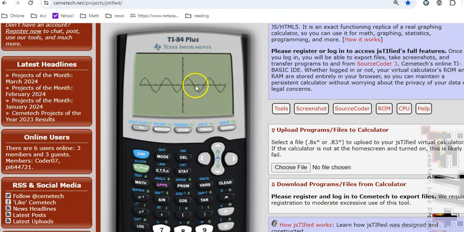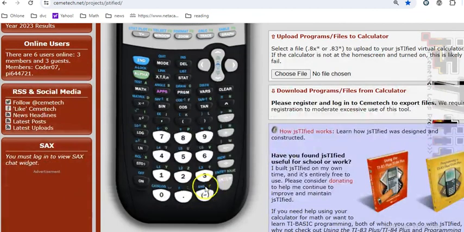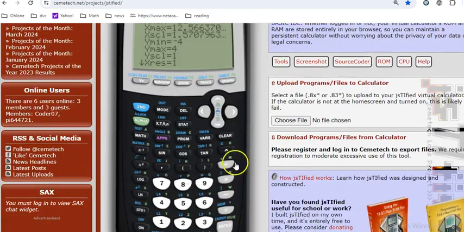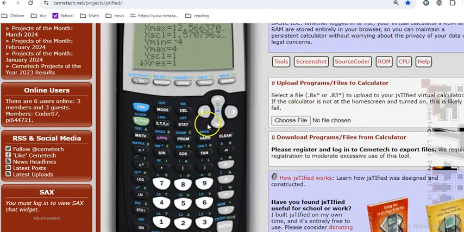And this is pi over 2, this is pi over 4, like that. You can actually change the window, but after you change the window, you can say negative 2, where's pi? Pi is this one, right?